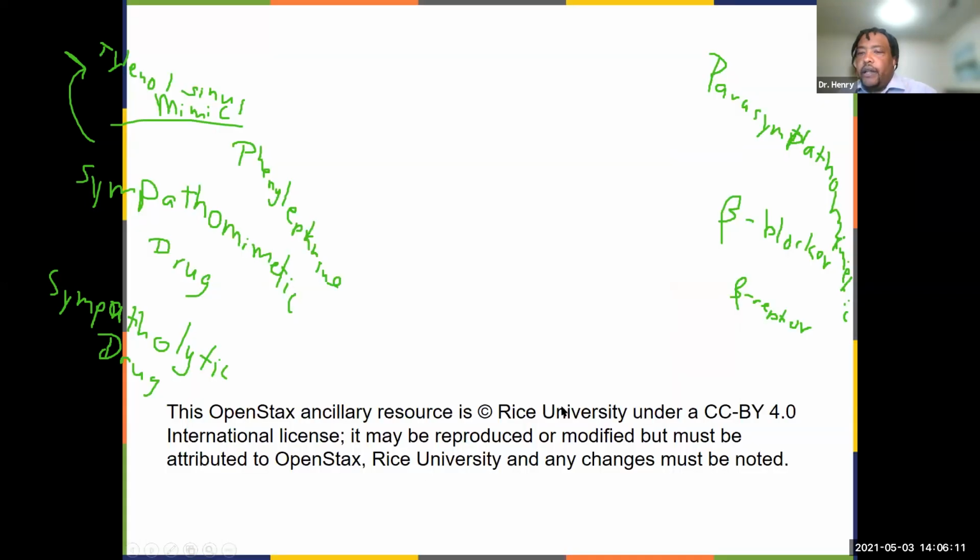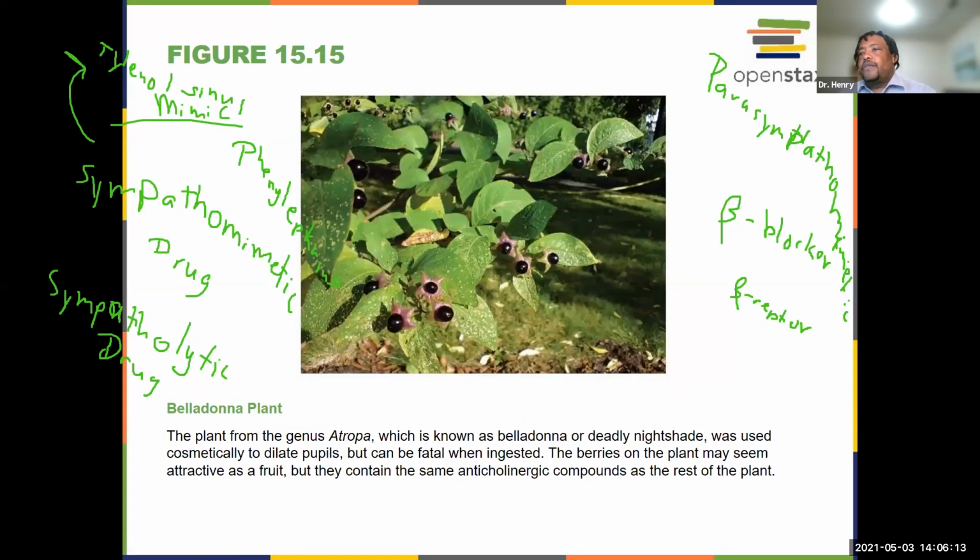Oops. Okay, and the last thing is, of course, Atropa. This plant is from the genus Atropa. It's also known as nightshade or belladonna. This is the one I was telling you about earlier. A lot of people used to use this to make their eyes dilate. Typically when people were practicing witchcraft, they would put a little bit of belladonna in a drink, and it causes their eyes to dilate, so their pupils look so much bigger.